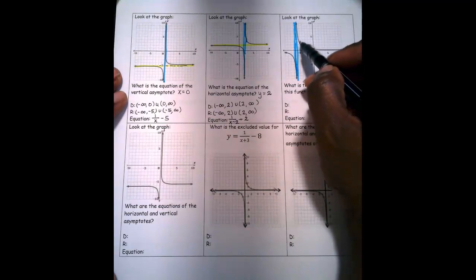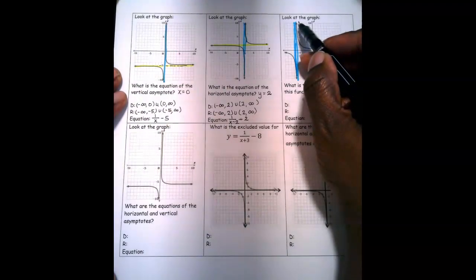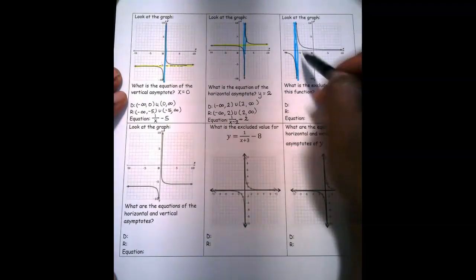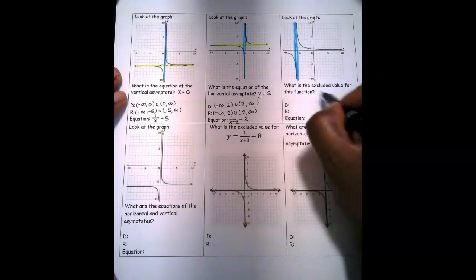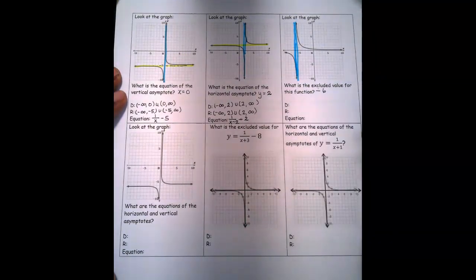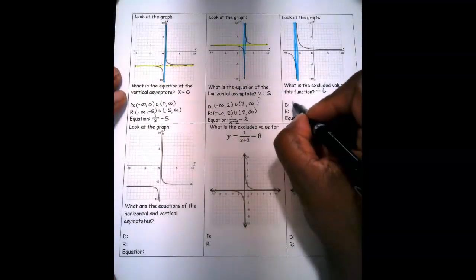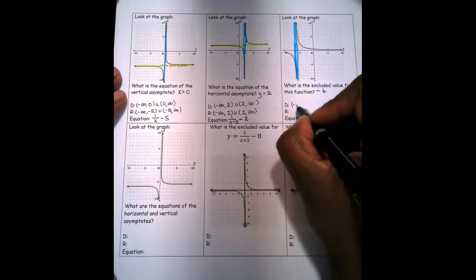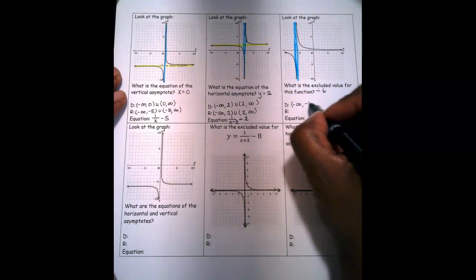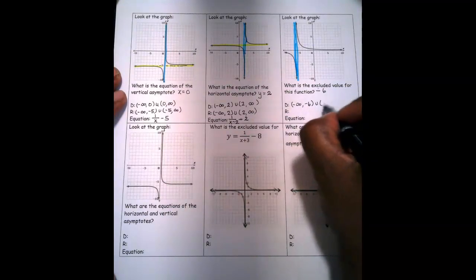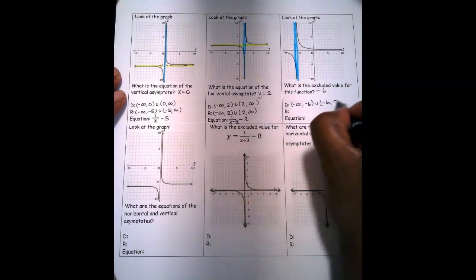Well, if I take my pen and I run up, I see that my excluded value isn't at negative 5, it's right over. So our excluded value is actually negative 6. Our domain is all possible values from negative infinity to negative 6 or negative 6 to positive infinity.